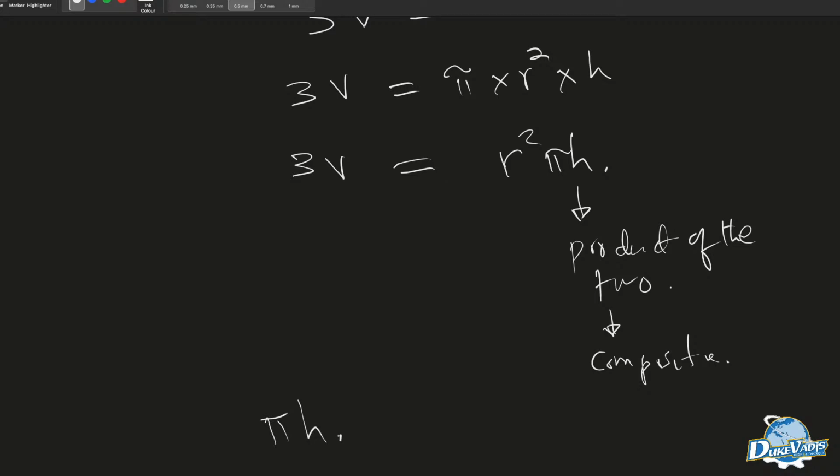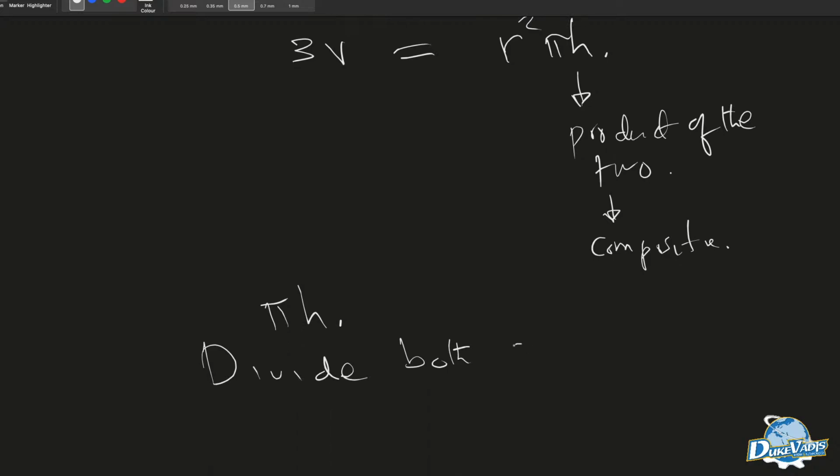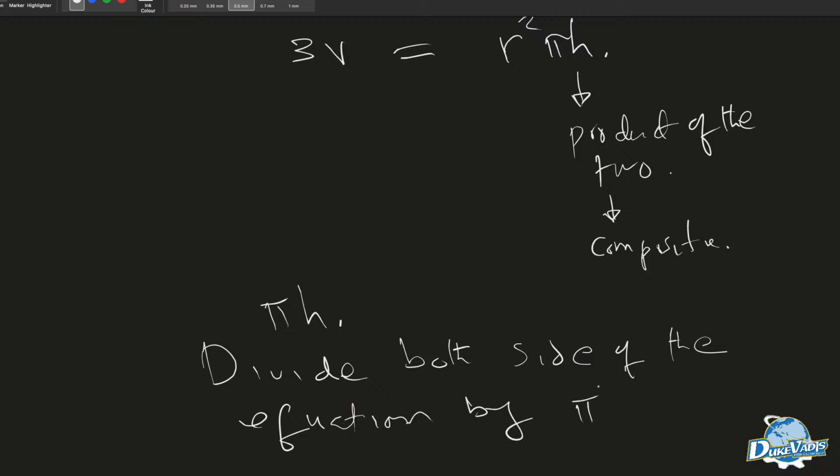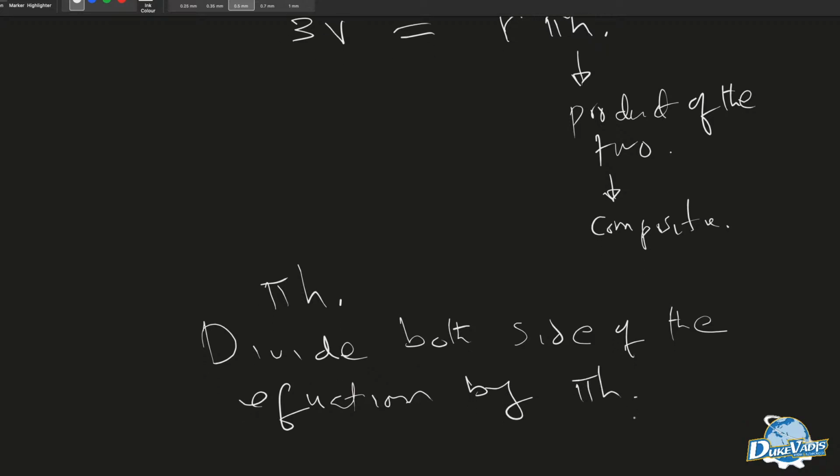So we say divide both sides of the equation by pi h. Now we know it's 3V, which is equal to r squared pi h.